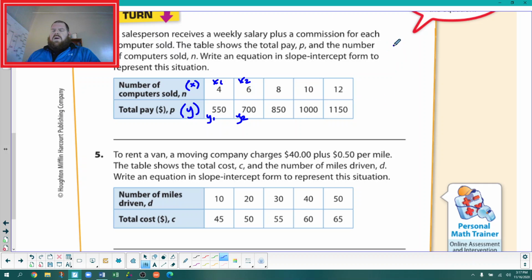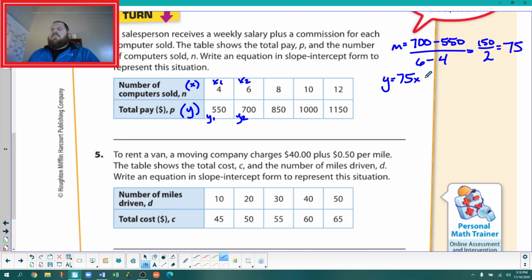So y2 minus y1 for my slope. y2 is 700, y1 is 550. 700 minus 550 over x2, 6, minus x1, 4. So we have 150 when we subtract those, and when we subtract these, we have 2. And when we divide that, we get 75. So the slope is 75.